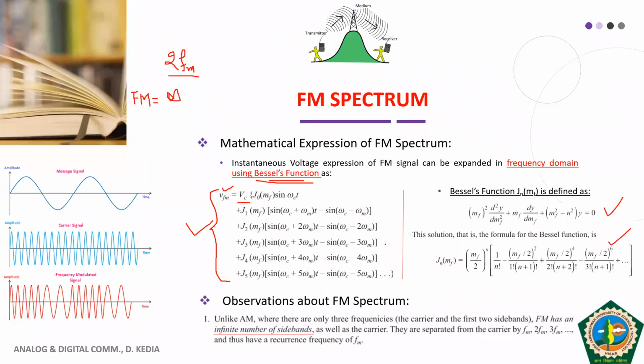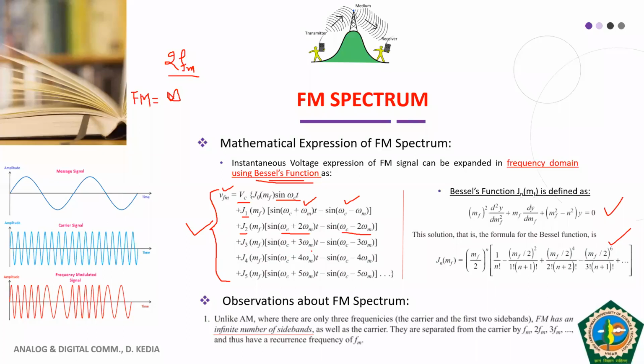You should see that in case of the Bessel coefficient J0, we have the carrier frequency present. In case of J1, we have the first order sideband present, that is omega c minus omega m and omega c plus omega m. Then in case of J2, the second order sideband is omega c minus twice omega m and omega c plus twice omega m.